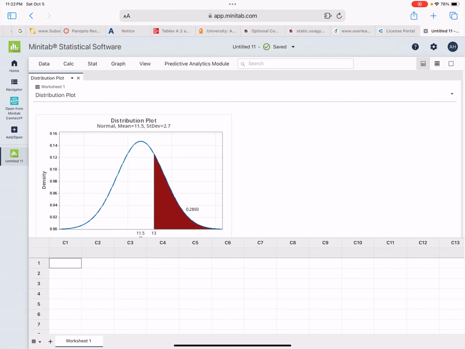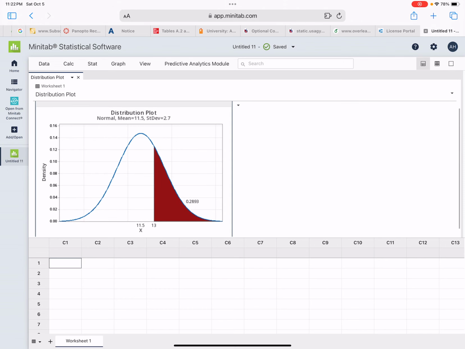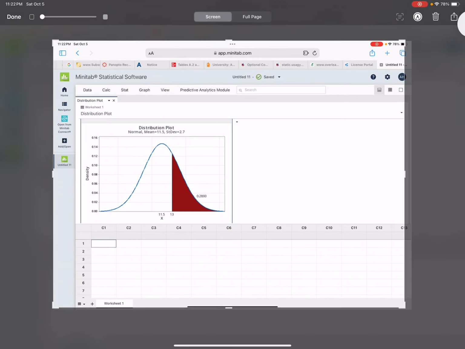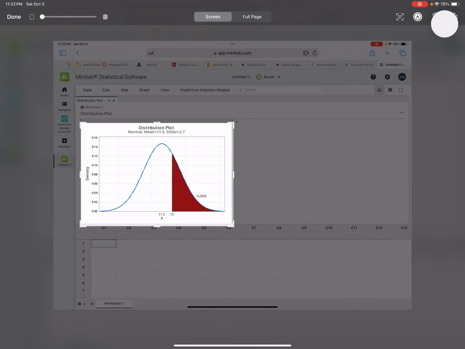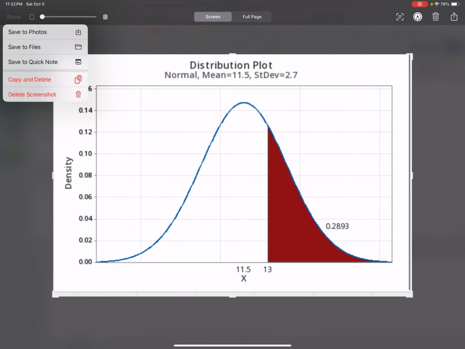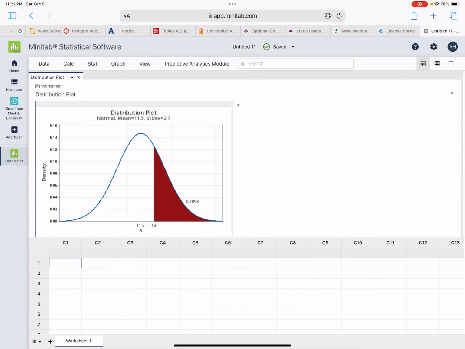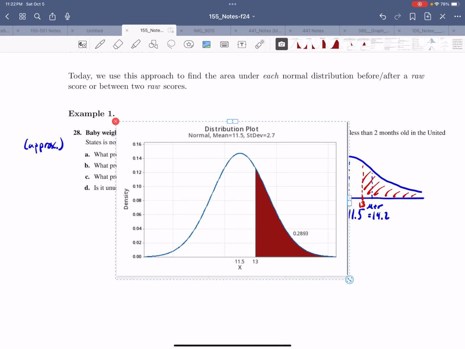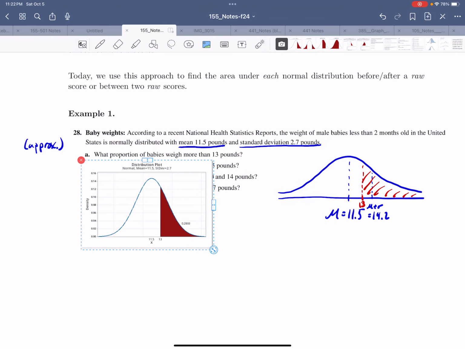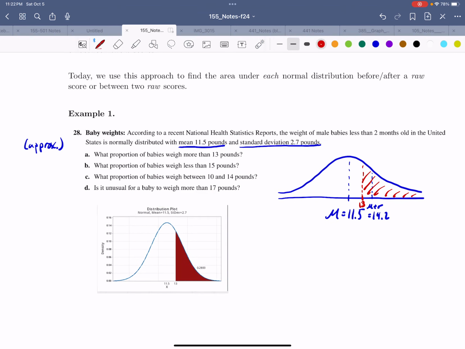And so that's our answer. About 29% or so are 13 pounds or above. So we just take a screenshot of this, crop, do the usual, and then that's our answer. Let's stick this here. Now, a photo is not an answer, so I should actually write the answer.